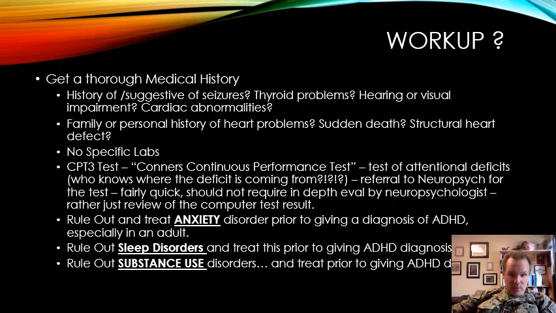It's basically a computer test where it's testing their reaction times and how well they're attending to things. All it will tell you is whether or not there is an attentional impairment. It won't tell you what's causing it. So if you've removed all these other things from diagnostic consideration, and the person has a demonstrated attentional deficit on this test, it might be reasonable to give them the diagnosis of ADHD and treat them accordingly.